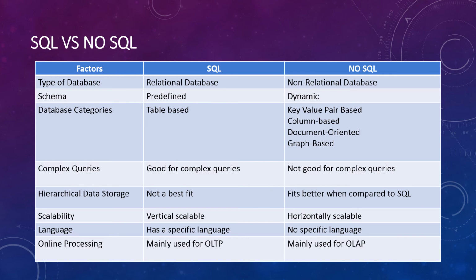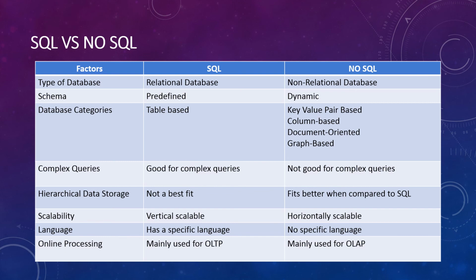Now the next point is hierarchical data storage. SQL databases are not the best fit for hierarchical data storage. This is because as the number of tables increases, the complexity of relating them to each other also keeps increasing.